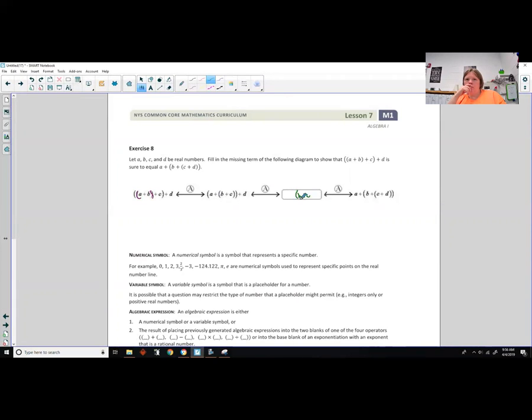Parentheses, B plus C. That's going to stay in parentheses. I'm going to move this parentheses to here and this parentheses to here. Okay, so this is going here and this one's going here. So it's going to be A plus this quantity plus D. Okay, so I had to get the A out of the parentheses.